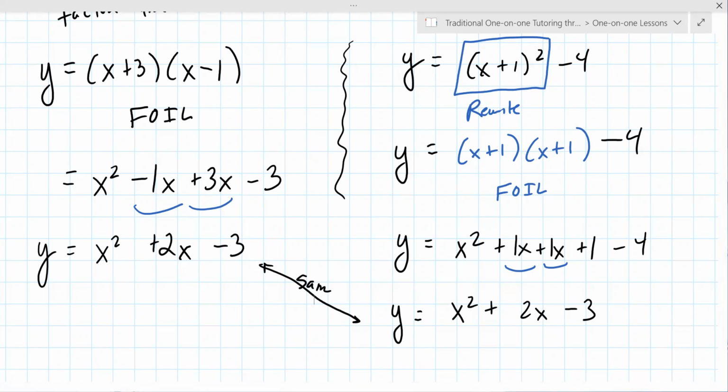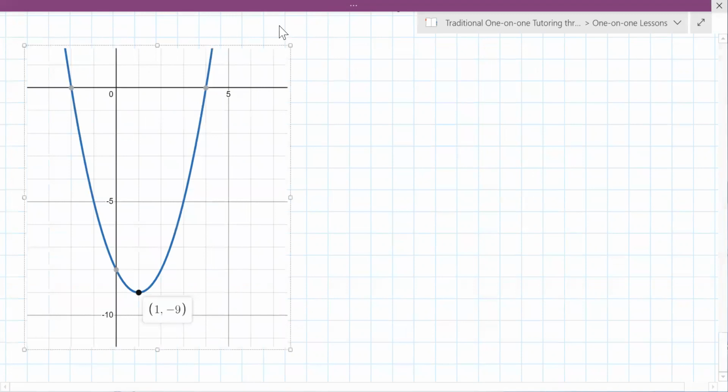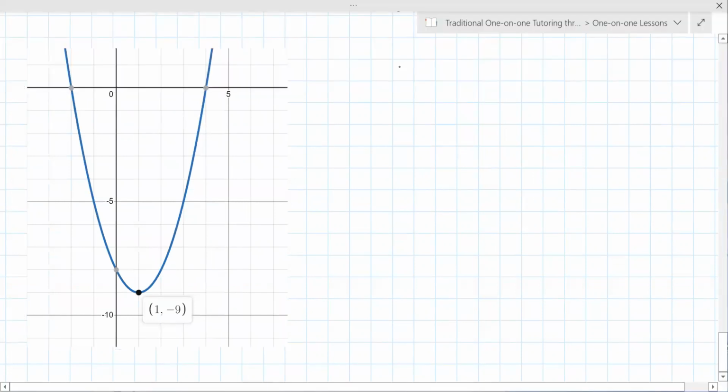Okay, I got a new problem ready for us to do here. Let me snip this in. We want to first do factored form.